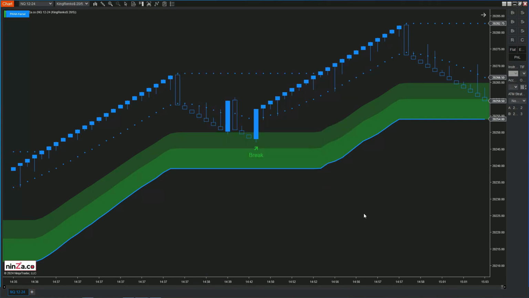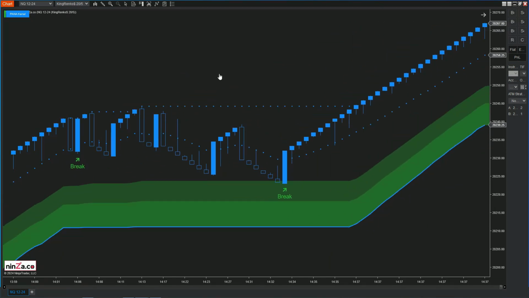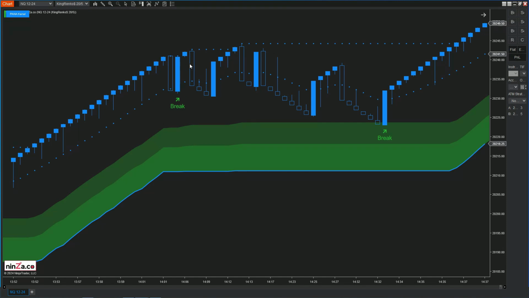As far as the type of signals, I prefer signals that are either within the ribbon or very close to it, because then my risk is less. Because as long as price is above, in case of a long, this blue line, well then it's still bullish. However, let's see, like here. Here is a signal, but you see how far it is from the ribbon?